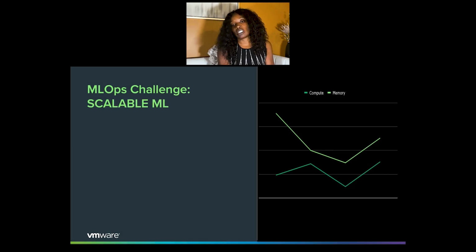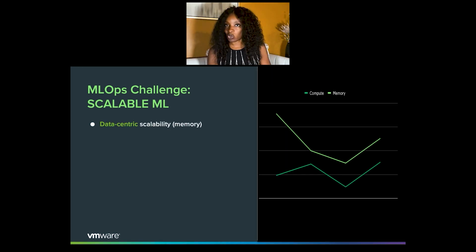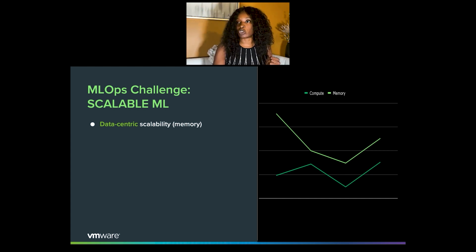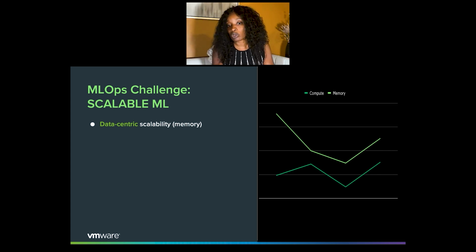Another challenge is with the ability to scale on demand, and specifically that depends on the kind of model that we're training. So let's say you've got models that have to deal with large data sets that can't fit into a single node, but need to be able to scale perhaps in a clustered way. They possibly need to scale because you need more memory in order to process them, because you just got a lot more data that you need to account for.